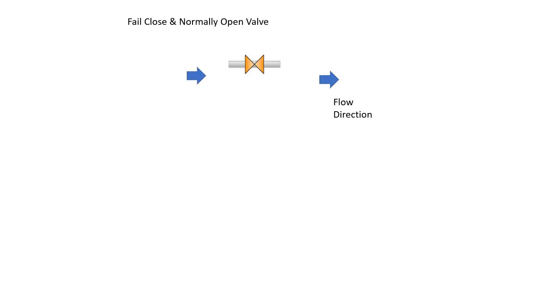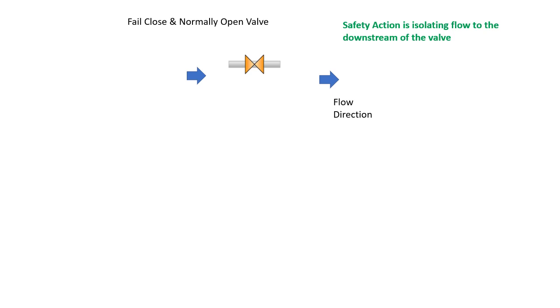So assume that this is the flow direction and the safety action of the valve is closing or isolating the process. So maybe think the valve is carrying some fluid into some equipment, and the safety action is closing of the valve, because in case of failure we will not be able to close the valve, right?